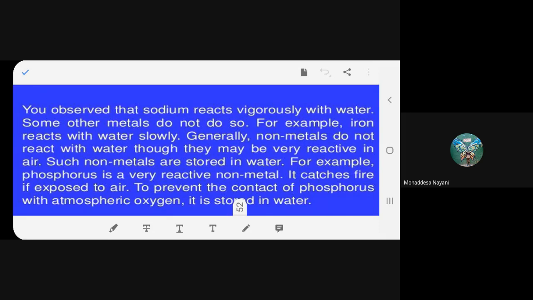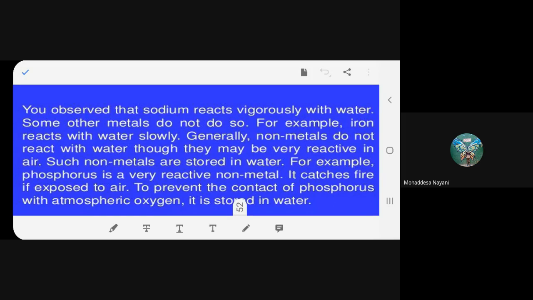You observed properly that sodium reacts vigorously with water. Some other metals do not do so. For example, iron reacts with water slowly. Generally, non-metals do not react with water, though they may be very reactive in air.